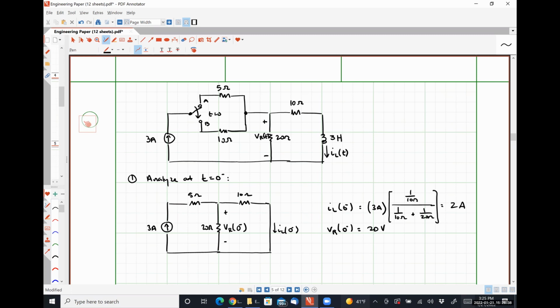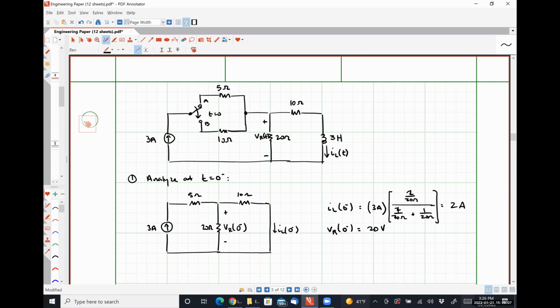Any questions, comments, concerns regarding our analysis at t equals 0 minus? Bradley. So let's make this 2 over 20, 2 over 20 like so.